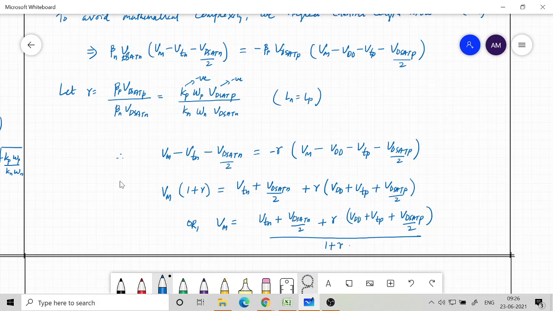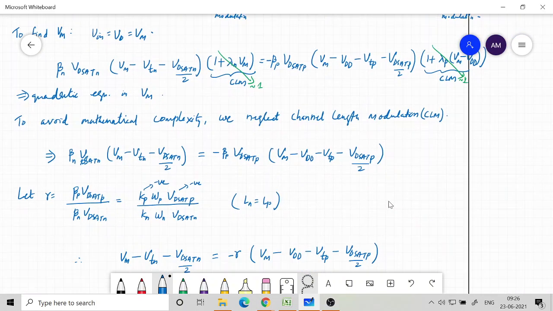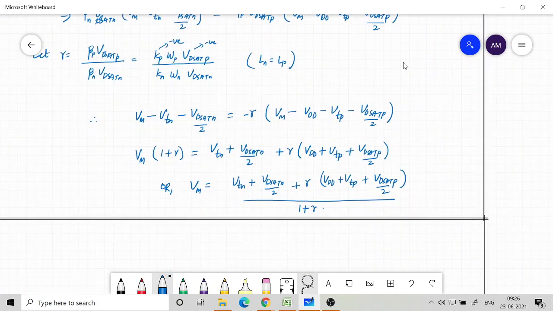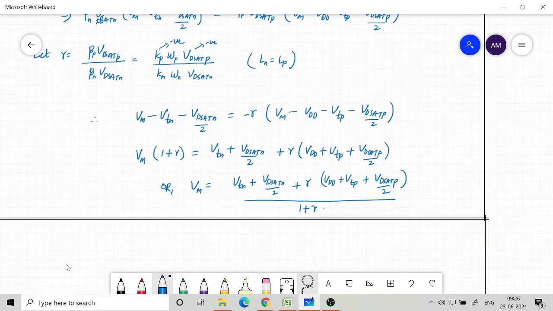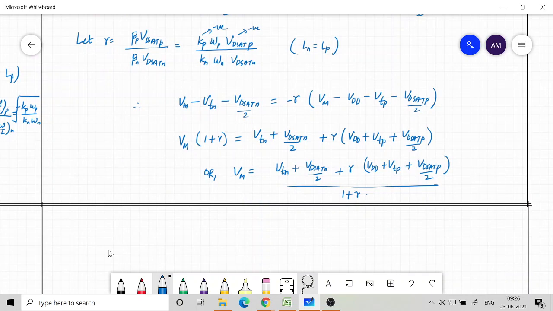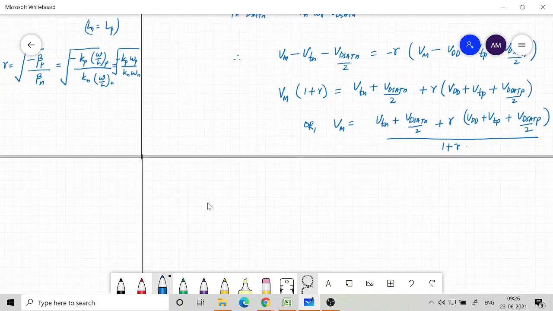Okay, so this is a relatively easier derivation if you neglect the channel length modulation, but if you include that also, in fact you should do it. If you want an accurate expression for Vm for a short channel device, you have to include that.